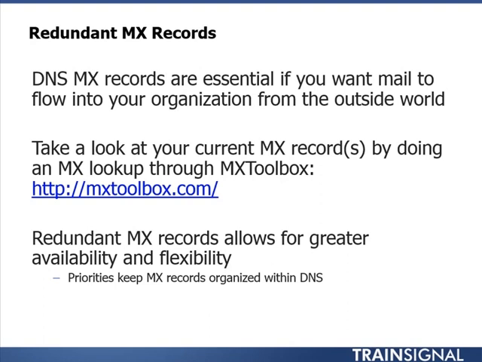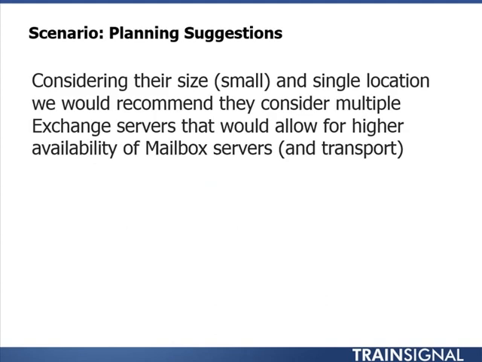You can also consider using the backup MX record as another mail server in your organization or at a secondary site that has less bandwidth available, or some other solution, whether it's a third party that provides backup MX services. So there are many reasons to have redundant MX records. In some cases, you're looking at providing for greater load balancing or greater availability, but ultimately it's something that's essential for transport availability. All right, so now let's go back to our scenario again.